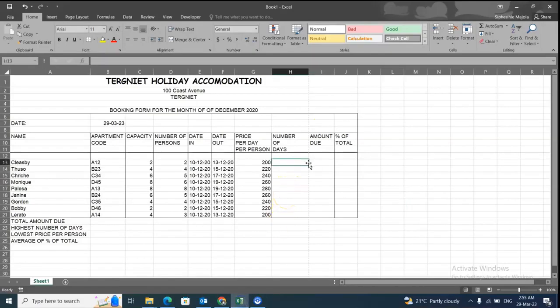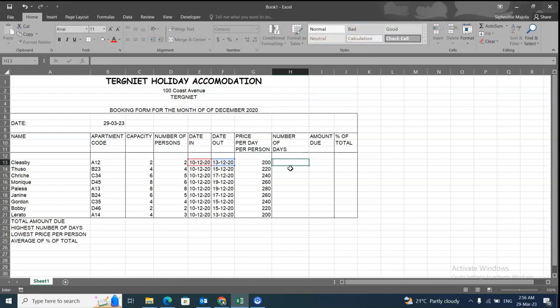The shorter way is equal sign, you take the last date, which is the date out, minus the date in, 3 days. So from the 10th to the 13th, that would give us 3. Just like you calculate your age, it's today's date minus your date of birth. So it's the latest date minus the earliest date.